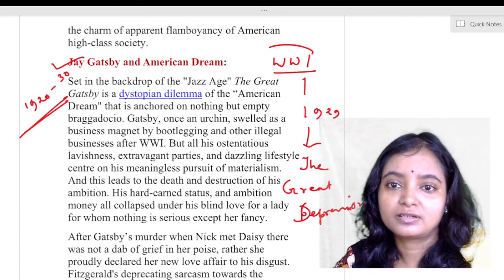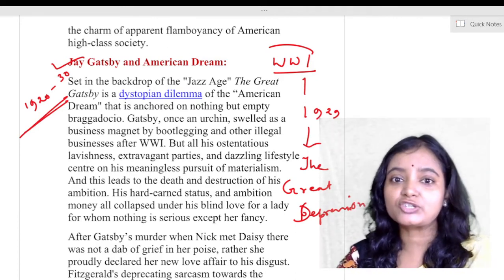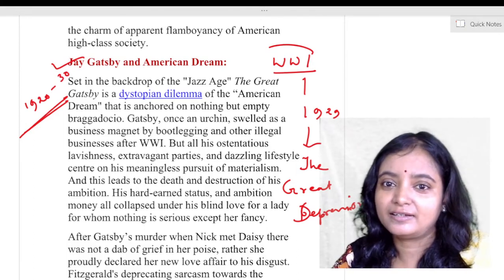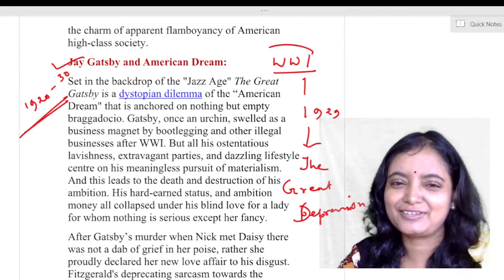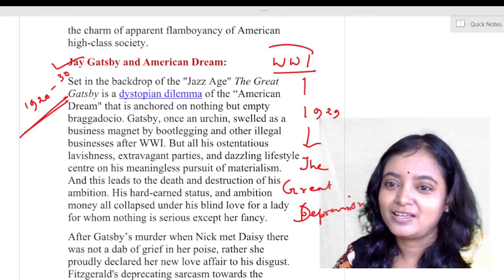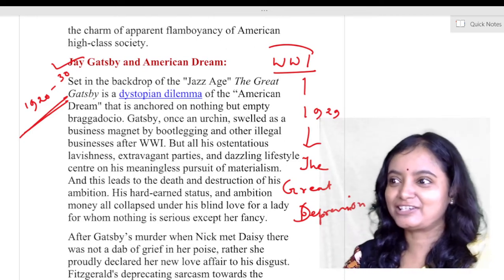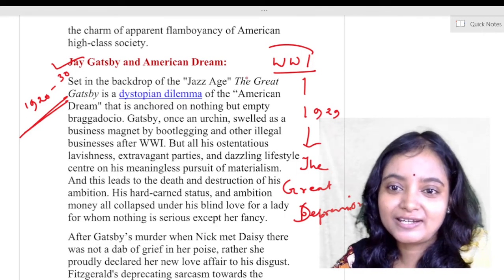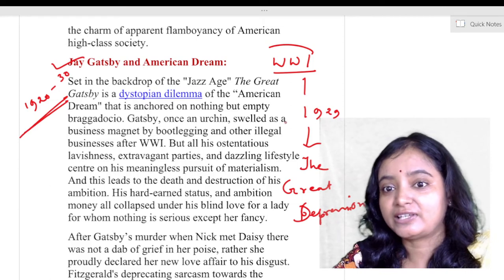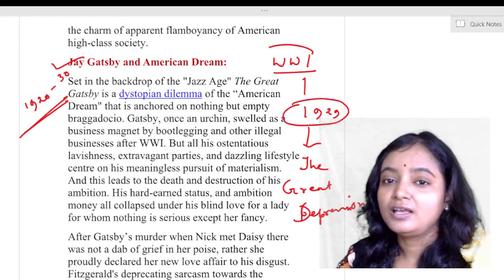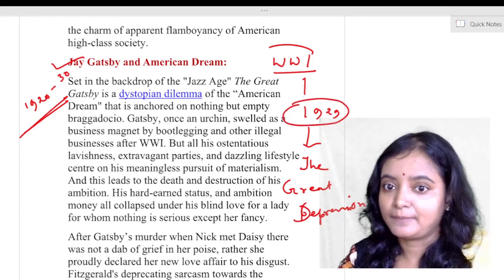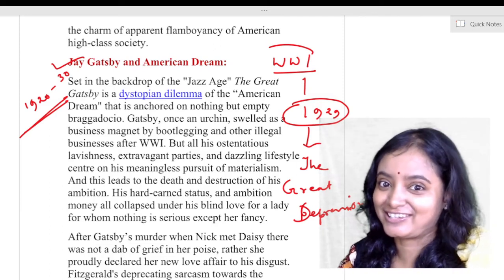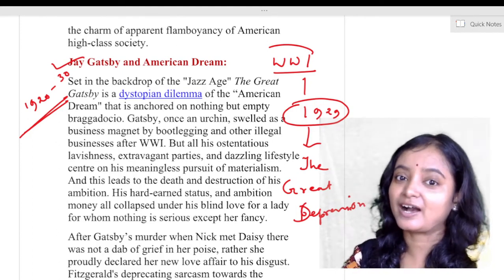That started after the First World War, and this age was marked by economic affluence, prosperity, and a hedonistic style of life, a carefree, flamboyant lifestyle. Jazz music, jazz dance, everything new, innovative, just awesome. And with the Great Depression, 1929, when the economic condition of America fell, jazz gradually dwindled. But the effect of jazz music, jazz songs, jazz thought, you can say, is even now still prominent in the American heart.